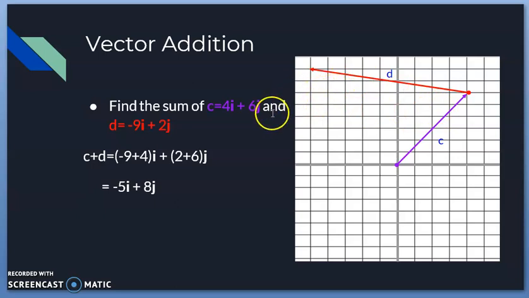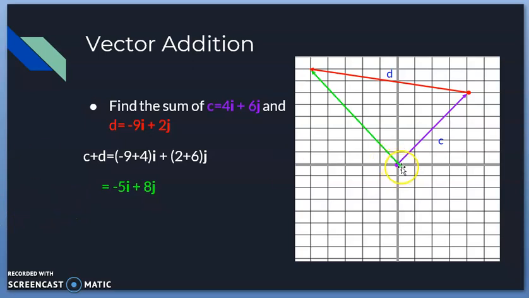But mathematically, we can do negative 9 plus 4 and 2 plus 6 because we're going to add the i's together and the j's together. So we'll have negative 9 plus 4i plus 2 plus 6j, and that will give us negative 5i plus 8j.